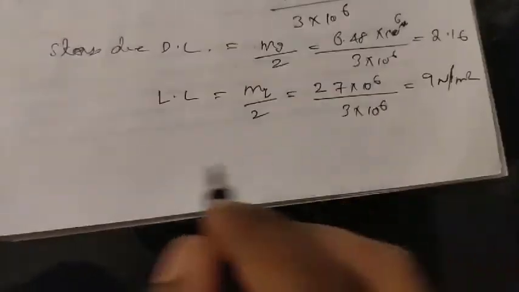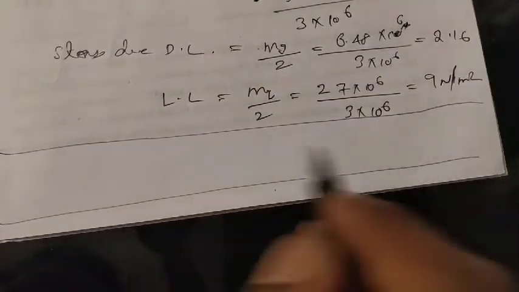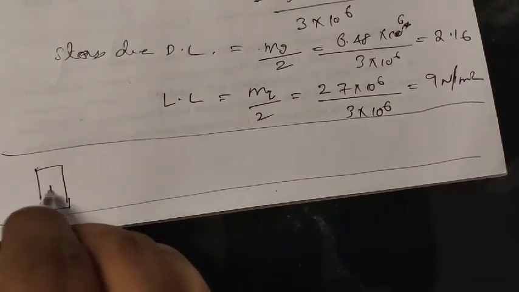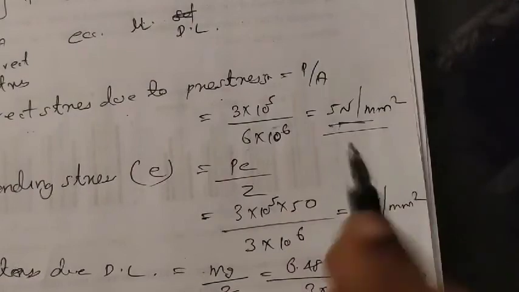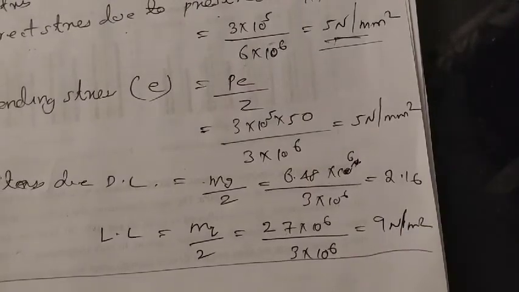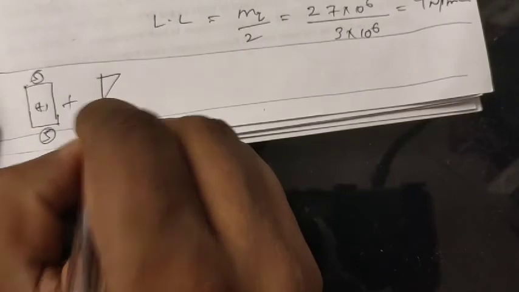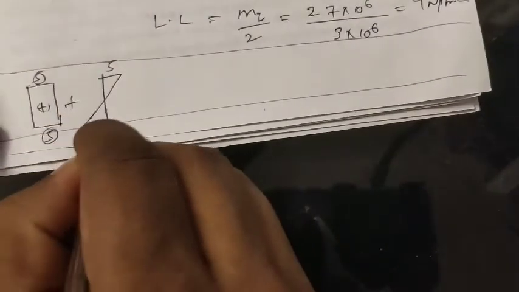So we can plot the stress plot. The first thing, due to direct stress, all are positive. We have calculated that as 5, on both the top and bottom side. Then plus due to bending or eccentricity, top and bottom as we have calculated, that is 5.